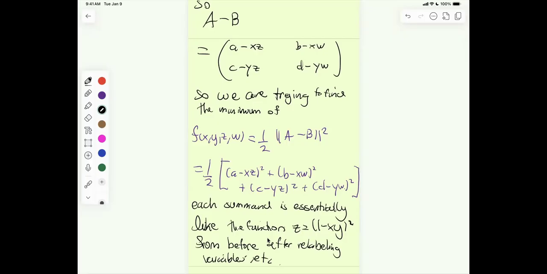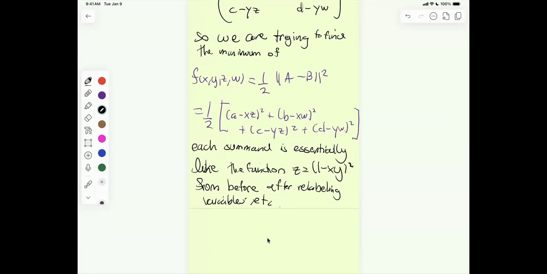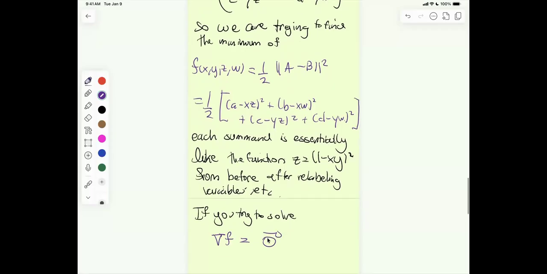I kind of computed the gradient, but not in full generality, but if you try to find the critical points, this is a highly nonlinear system of equations. You get some cubics or quartics, I think it's mostly cubics that you get. So you have to solve some cubics and all this stuff in the variables.